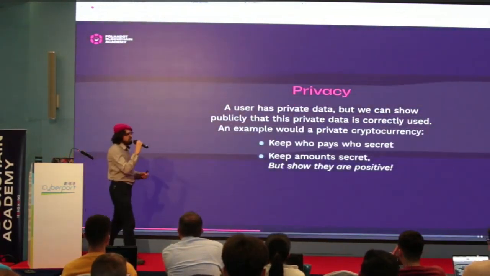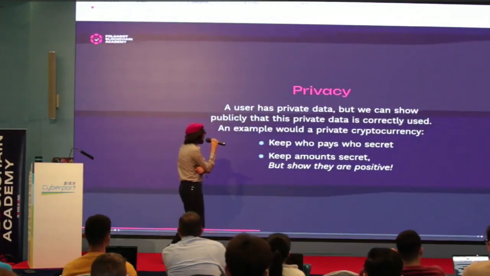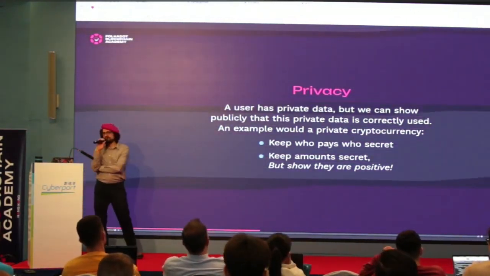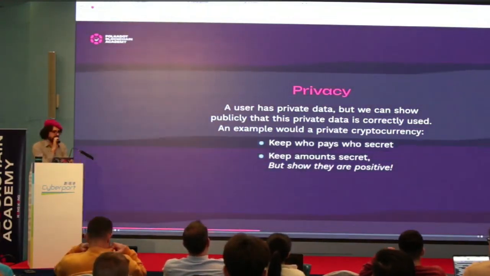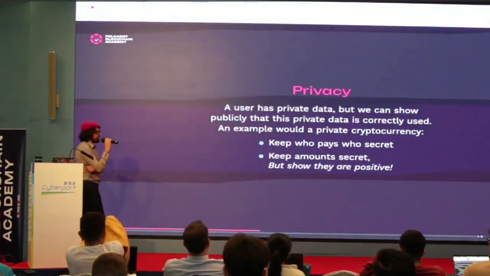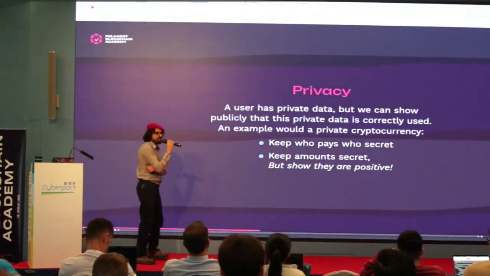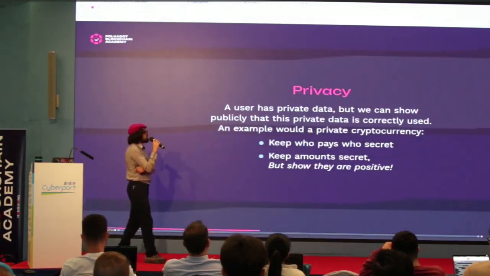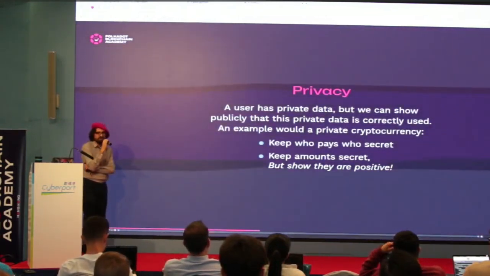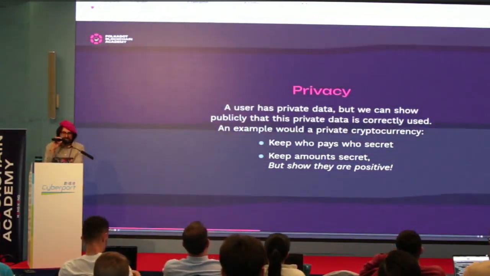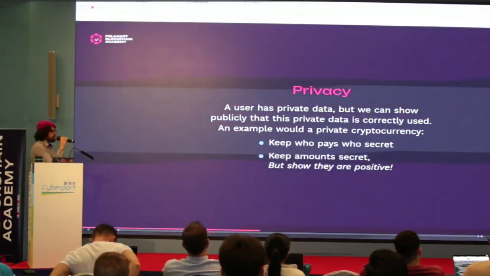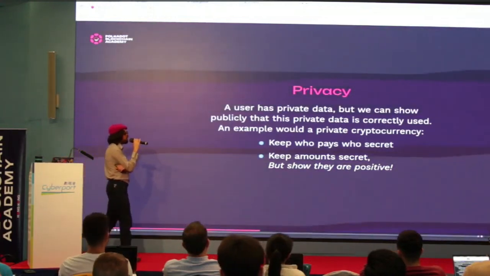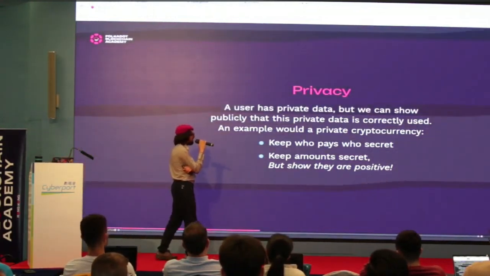The other application is obviously privacy. You have private data, you want to use it in some algorithm, and you don't want people to know the data itself, but you want people to know that you used the algorithm correctly. So for example, you have an account with some money and you want to pay somebody else.